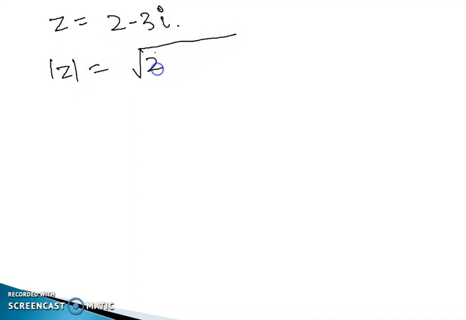Now we will take more examples. Take z equals 2 minus 3 iota. Now find the modulus of this number. This will be square root of 2 square plus minus 3 square, where a is 2 and b is minus 3 when comparing with z equals a plus iota b.